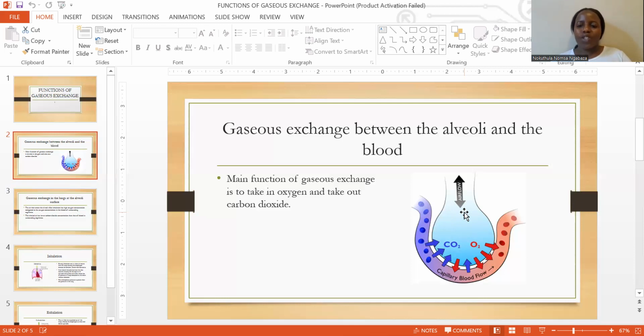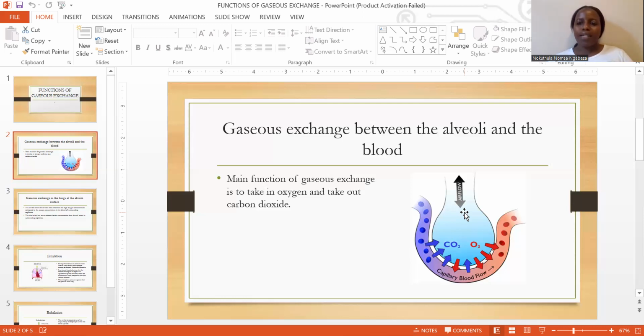But when the air gets to the lungs, it gets absorbed into your what? Into your alveoli. Once the oxygen is absorbed by the alveoli, it is then transported to the blood. From there, it is sent to all the body cells that we have as human beings.